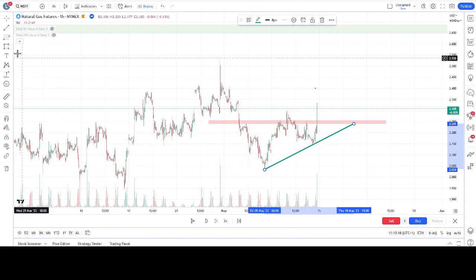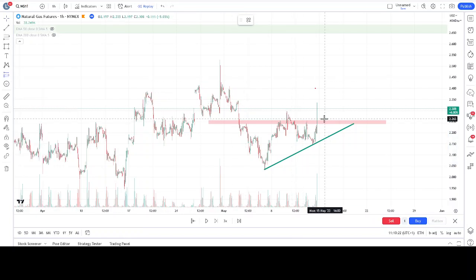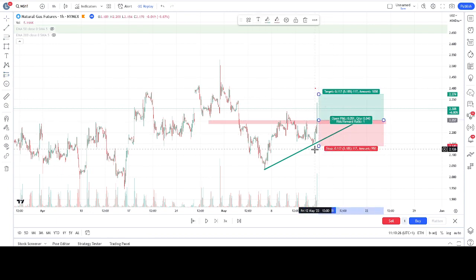Now let's put our long trade, and we will put it just here. Okay, and the target will be the depth of the triangle.